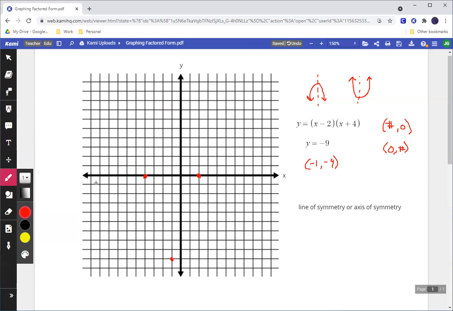So if we use this knowledge for the y-intercept, we can substitute in 0 into the x and get a point on the y-axis. And that's going to give us our y-intercept.